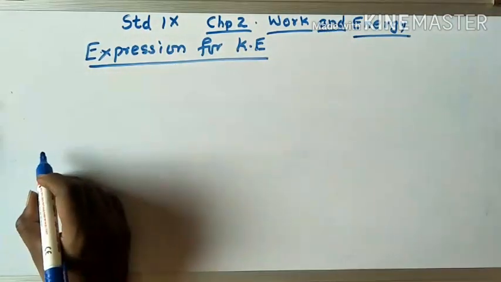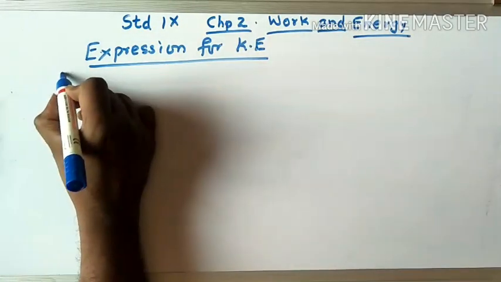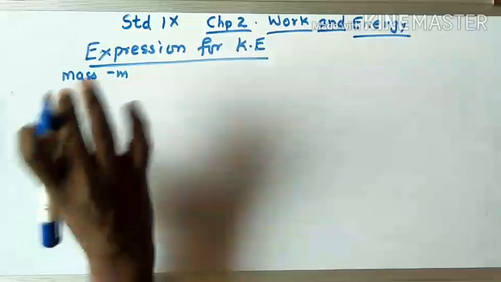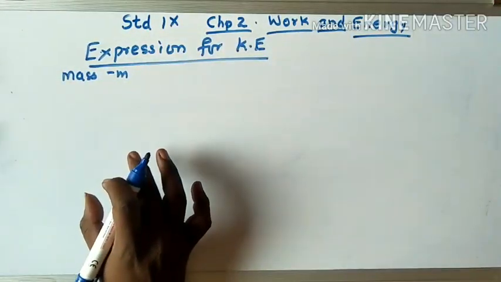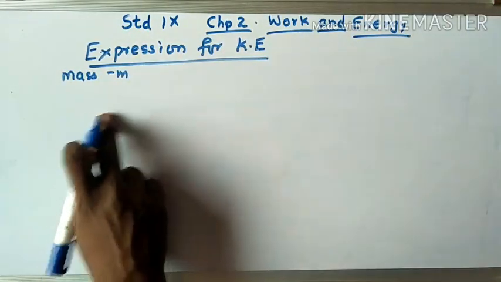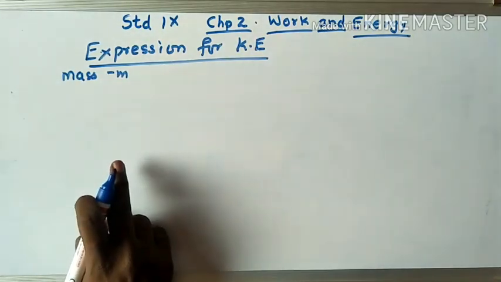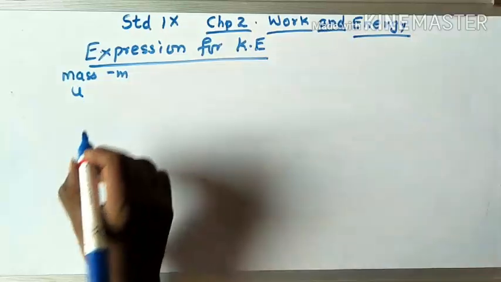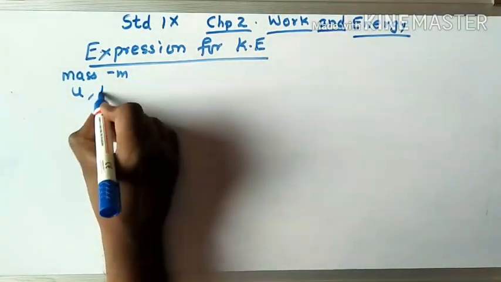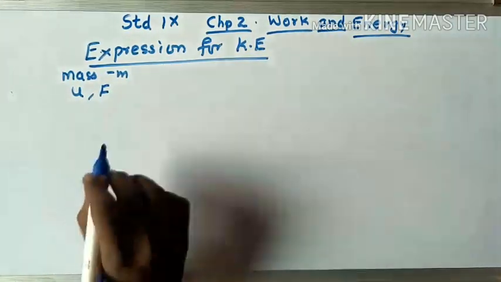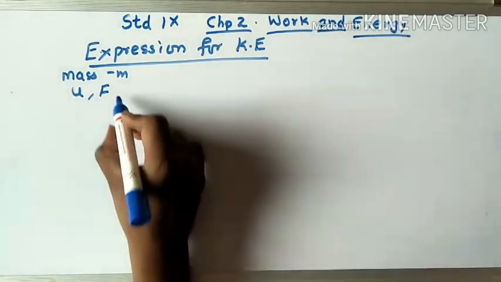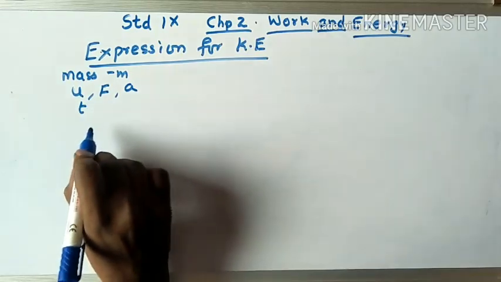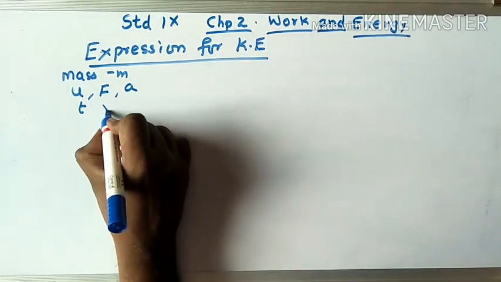Suppose any stationary object, let's say of mass m, it is stationary, not moving. If it is moving, it moves because of an applied force. So let u be its initial velocity, F be the force. This generates an acceleration a in the object, and after time t, the velocity of the object becomes v.